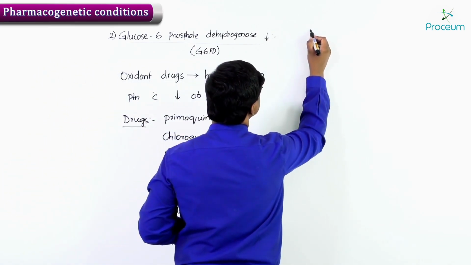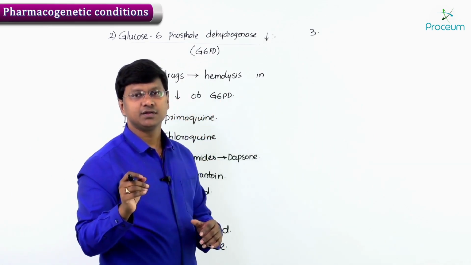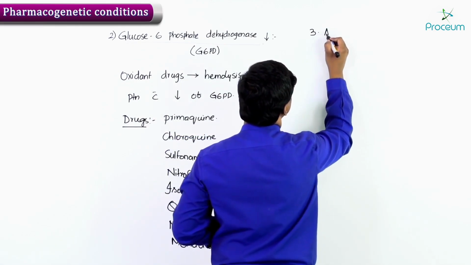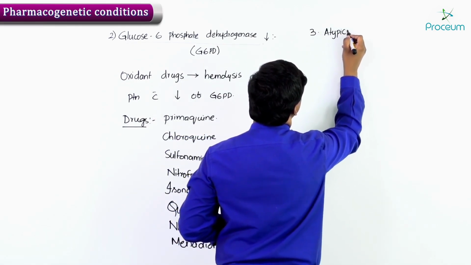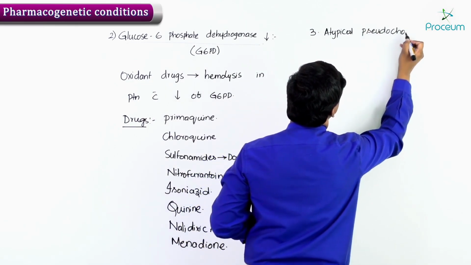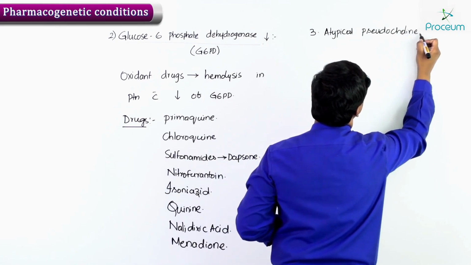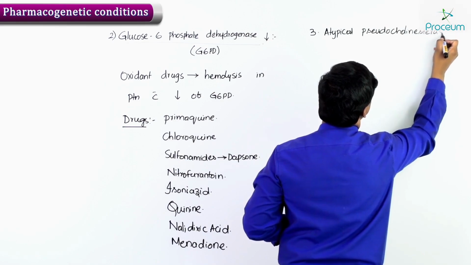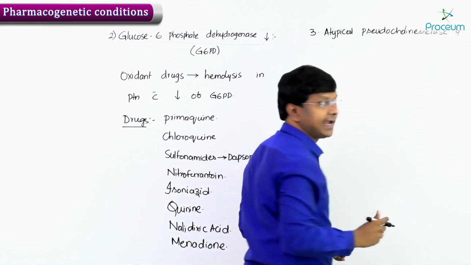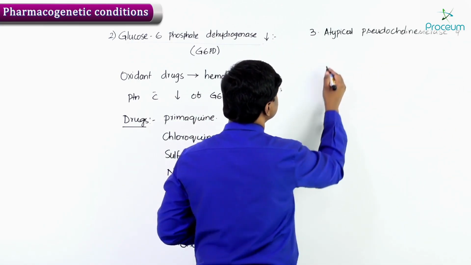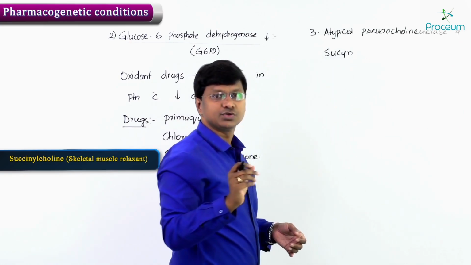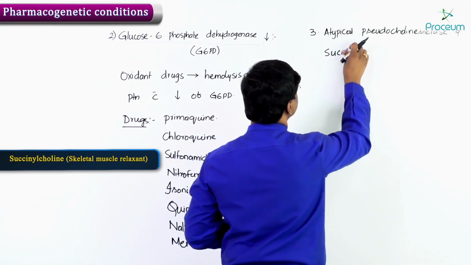The third one is atypical pseudocholinesterase and succinylcholine. I'll tell you what this means. Presence of atypical pseudocholinesterase and the presence of succinylcholine.